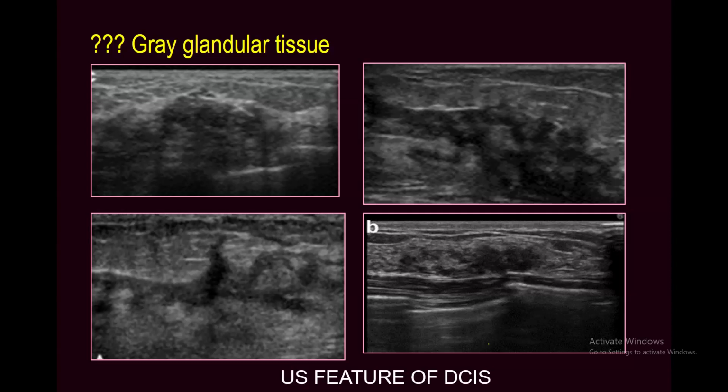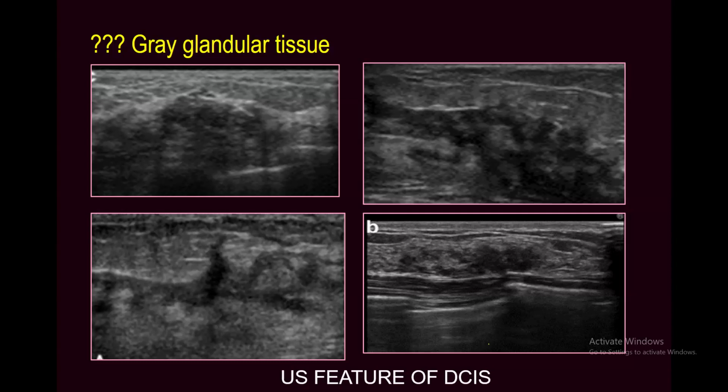In the updated editions, not yet appearing, they recommend that the new BI-RADS editions are going to add these non-mass ultrasound findings in the BI-RADS lexicon. Just last year, I think, but it didn't appear. I didn't see it yet.